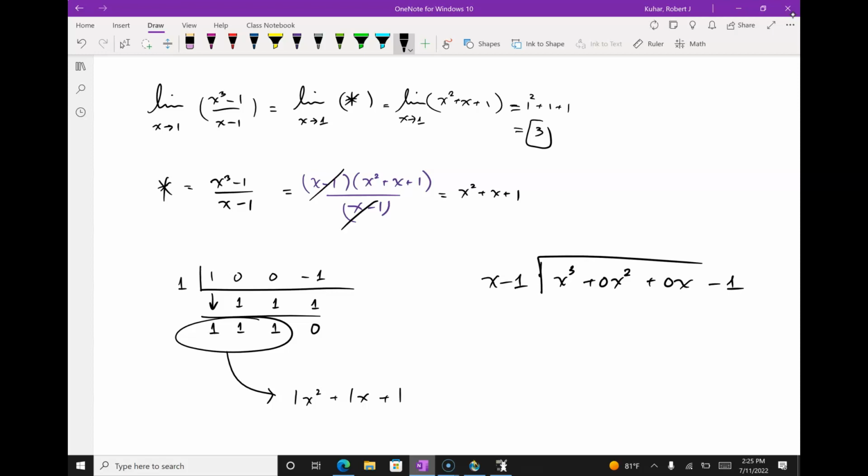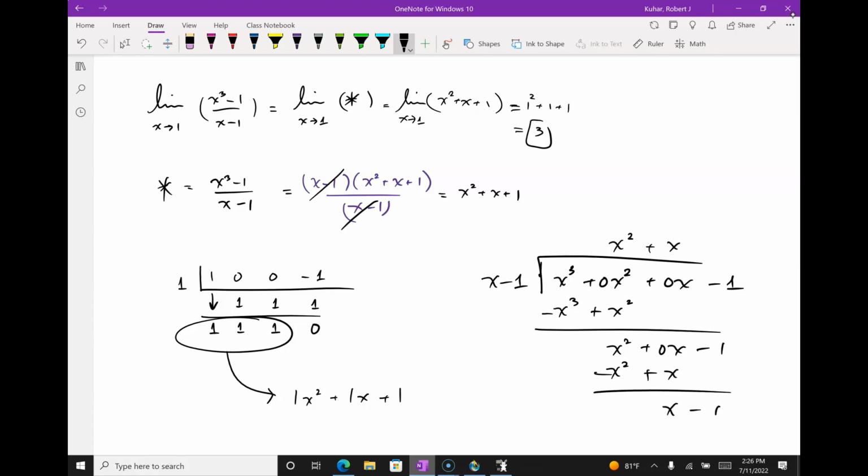X into x cubed is x squared, right? Change my signs and add. So I get x squared plus 0x minus 1. X into x squared is x. Change the signs and add. So I get x minus 1. Oh, plus 1.